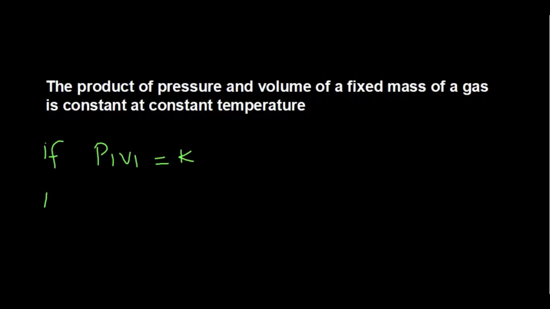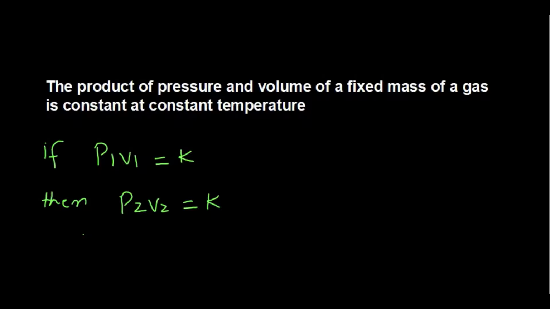Then P2V2 is equal to K, where P2 is the final pressure and V2 is the final volume. It means the product of final pressure and final volume is also a constant quantity at constant temperature.